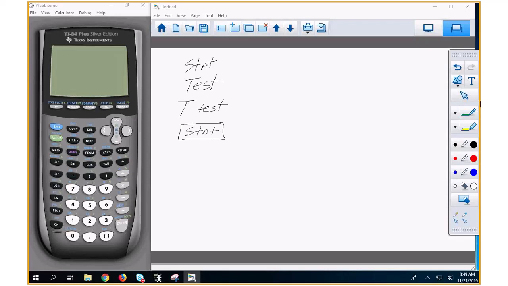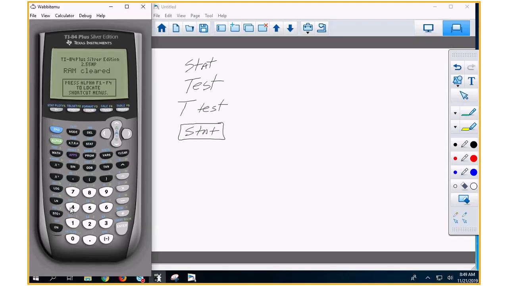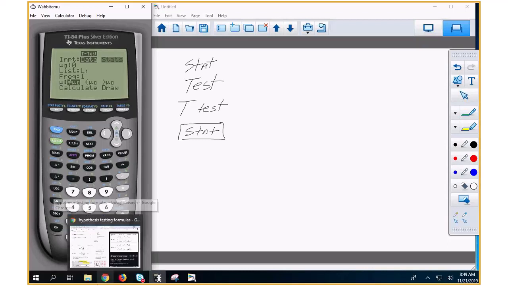So let me see if I can pull this up. I don't like to use the mouse with this because half the time it messes up. Stat, test, t-test, and you see where it says stats. You want to make sure it says stats because that means somebody's giving you the stats. Hit enter.